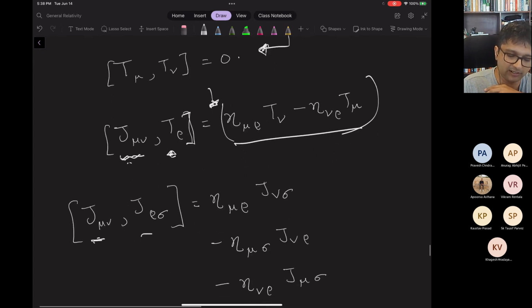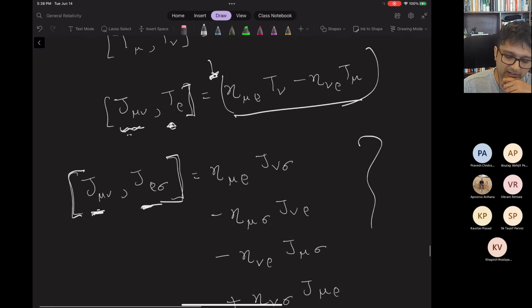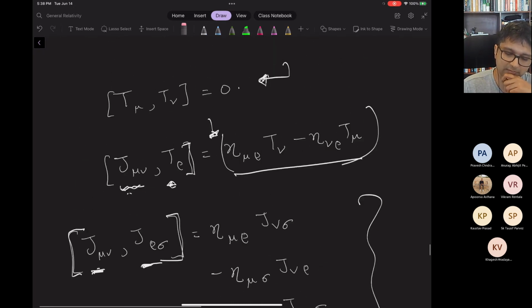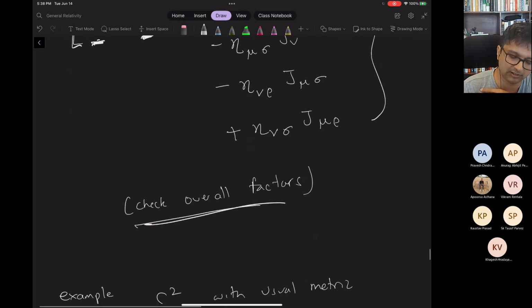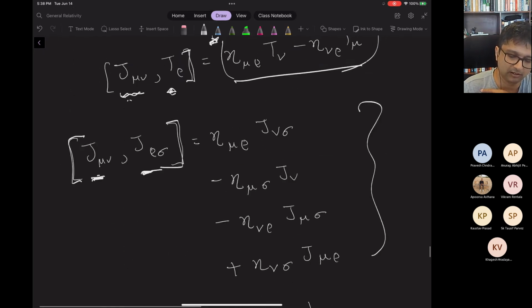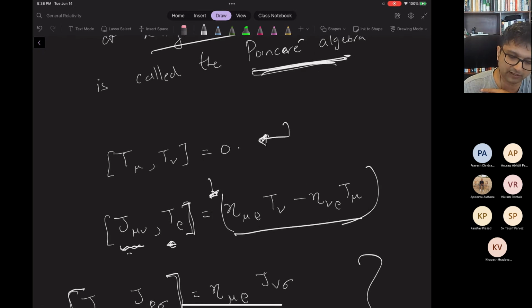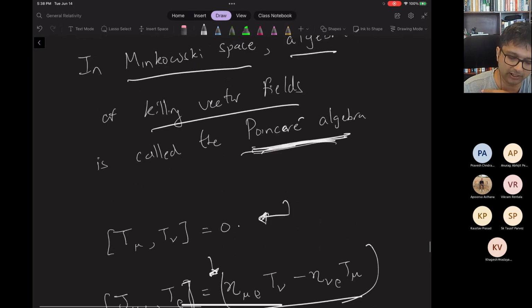And if I take the Killing vector fields corresponding to rotation/boost again, and I take the Lie bracket of those, I get back a linear combination again of some rotations and boosts. And you can see again that this algebra is closed. Just check the overall factors. Again, maybe I'll give this as a homework exercise. So this Lie algebra defines the so-called Poincare algebra.